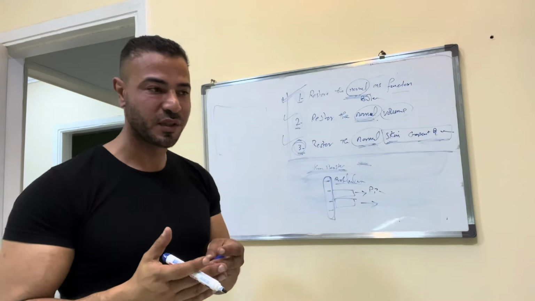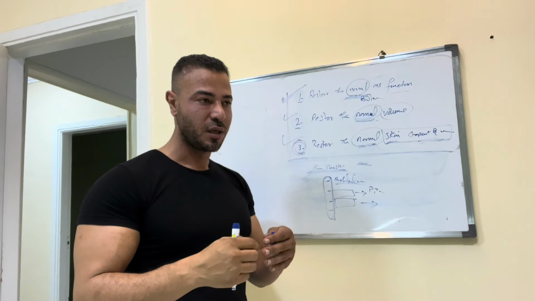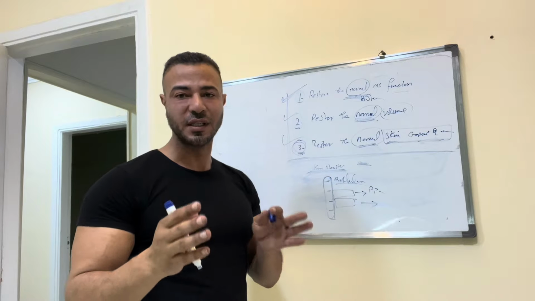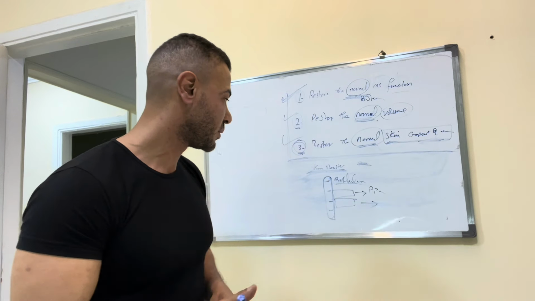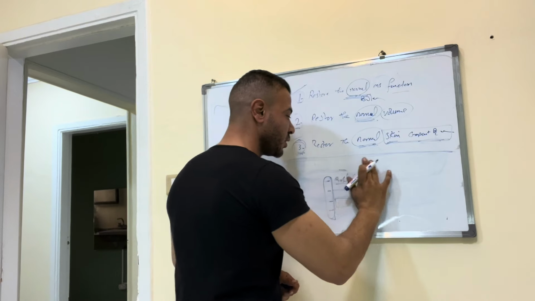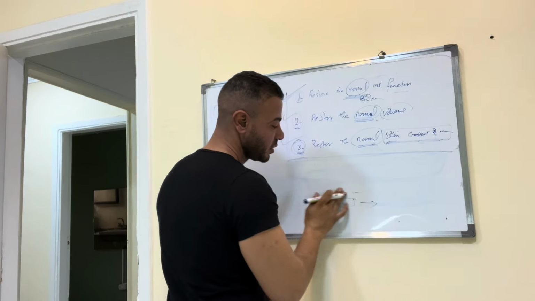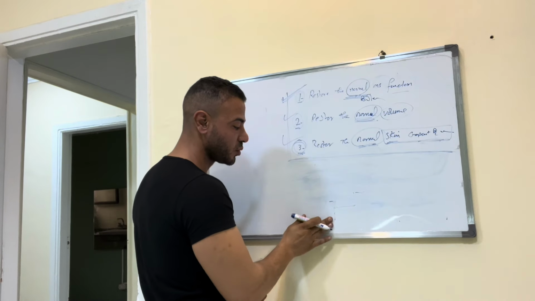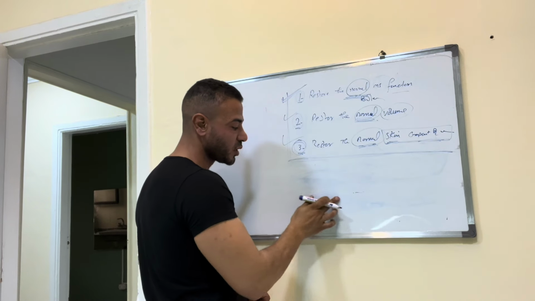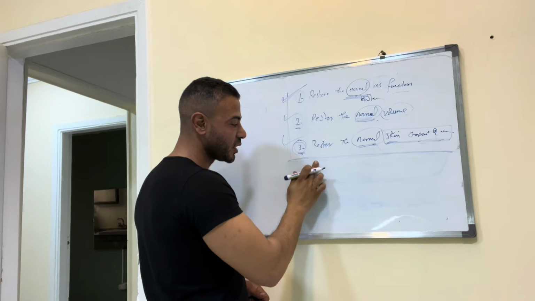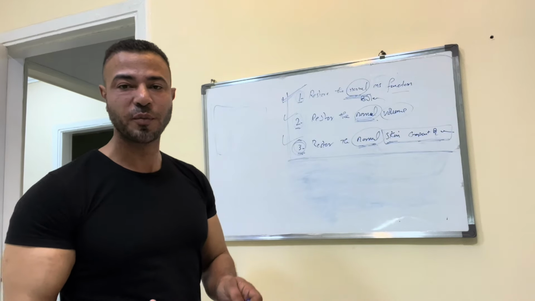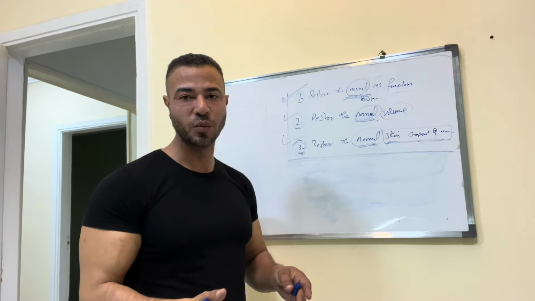Hyaluronic acid is evidence-based to stimulate collagen. It's a collagen biostimulant. So when somebody asks me, should I start now with skin booster or not? With skin booster, you don't need to wait to have a problem to start.